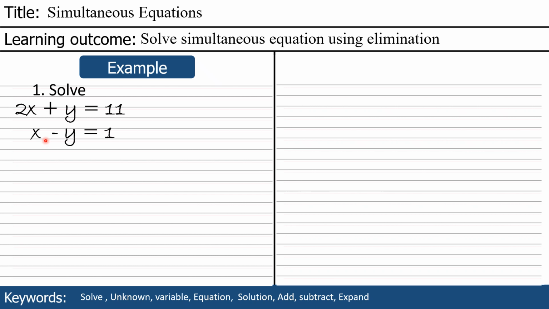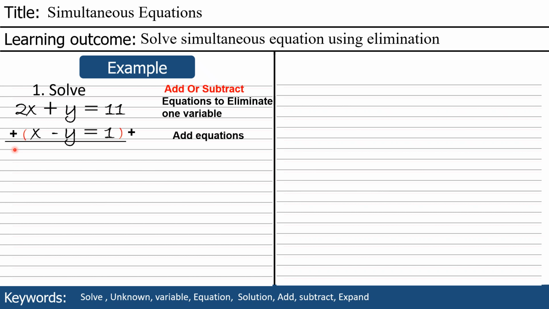That means the operations are different, and we will add our equations. So let's add. 2x add x is 3x, and then y add minus y is 0, because to add a negative is the same as subtracting. So y subtract y is 0.